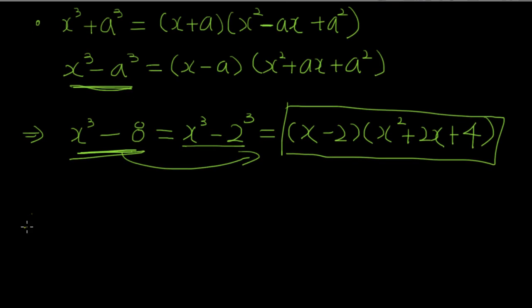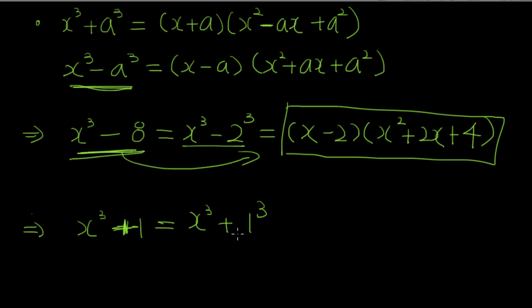Another example of the same kind would be x to the cube plus 1. Now this is a common trick. See, I need something to the cube in order to apply this, but this is just 1. Well, the good thing about 1 is that 1 times 1 times 1 is still 1.